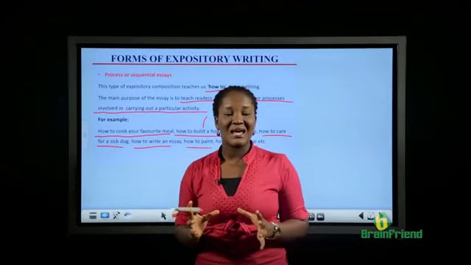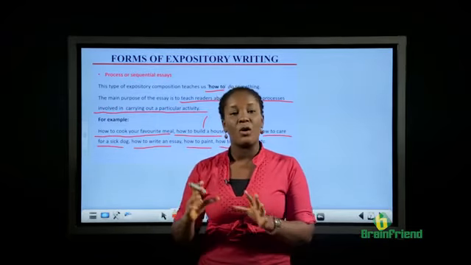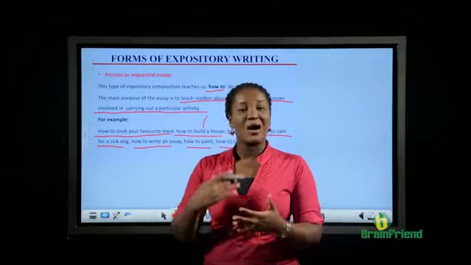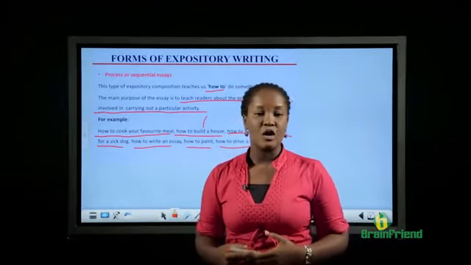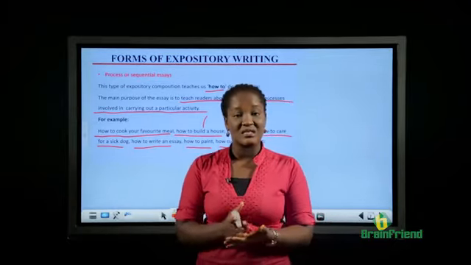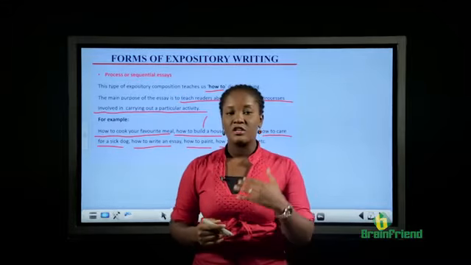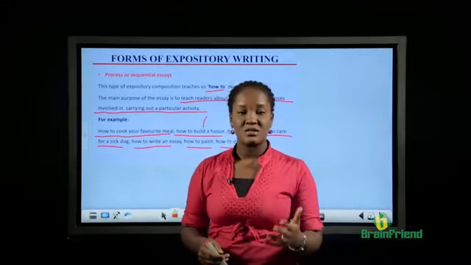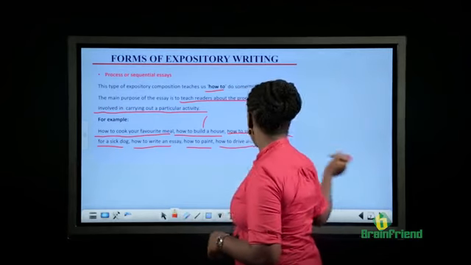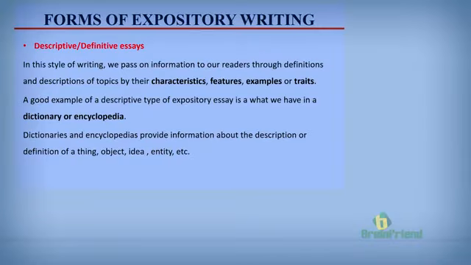So these topics are good examples of process or sequential essays because they teach you how to carry out an activity, the processes involved in learning to do something. So this is one form of expository writing.